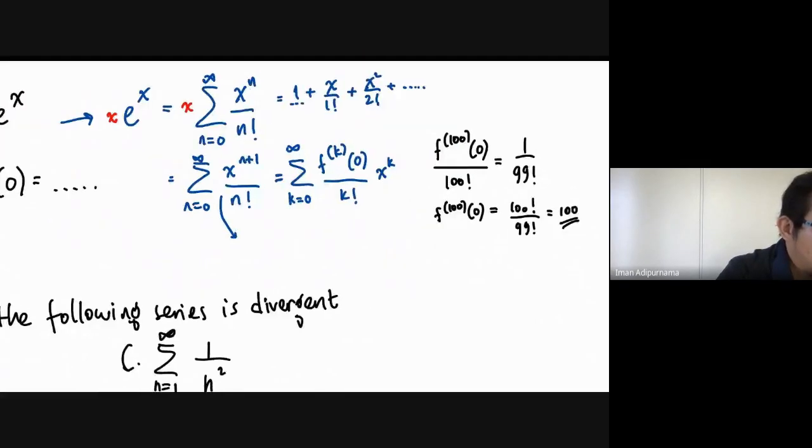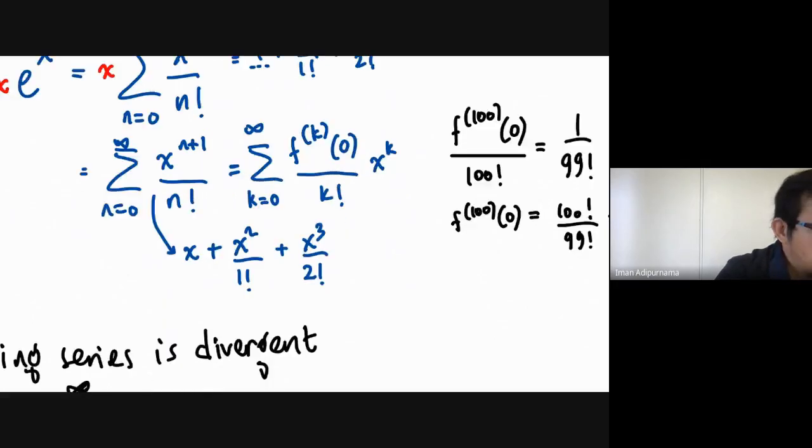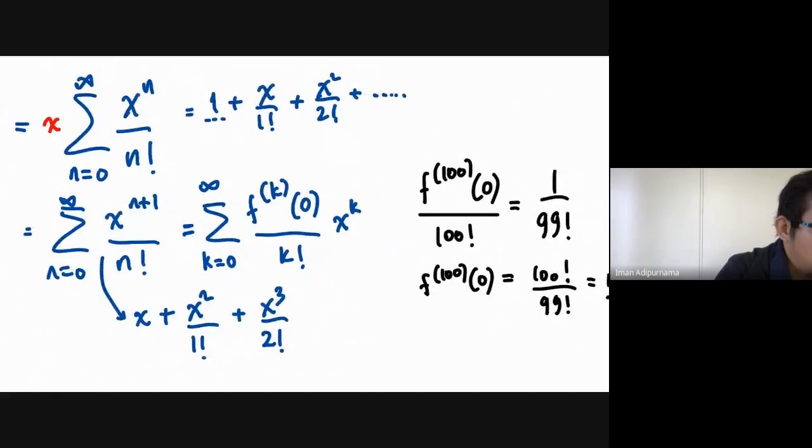We can also expand this as x plus x squared over 1 factorial. So the difference is just less one, right?